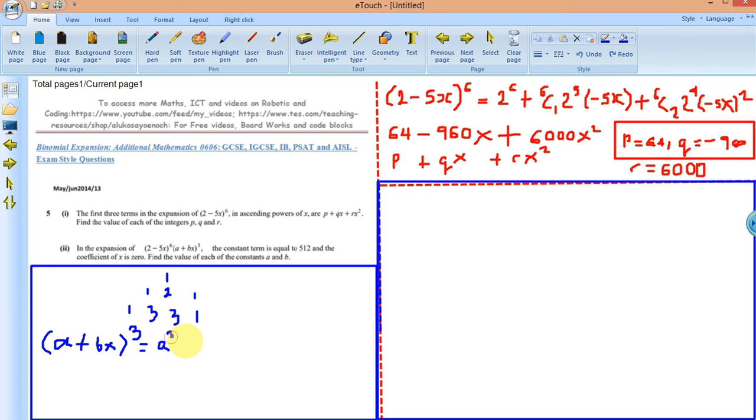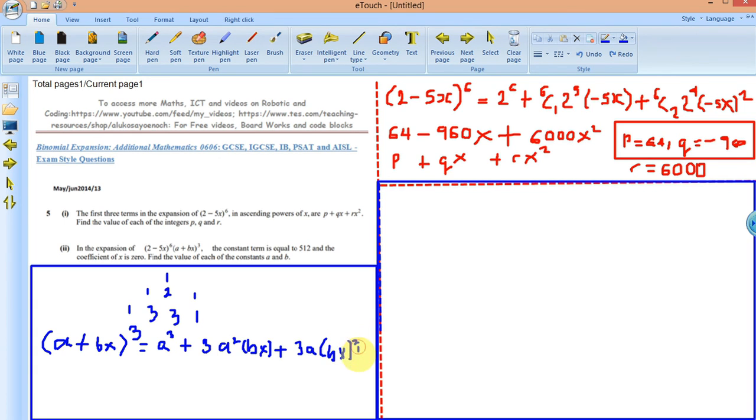Plus, then the next term is 3, then a squared, since your a will be reducing, then bx. I don't need to put raised power 1 there. Then plus, the next constant value is 3, then a raised power 1, then (bx) all squared.